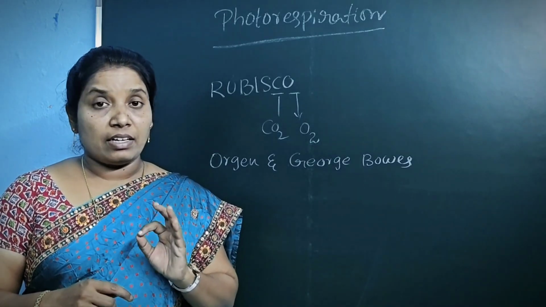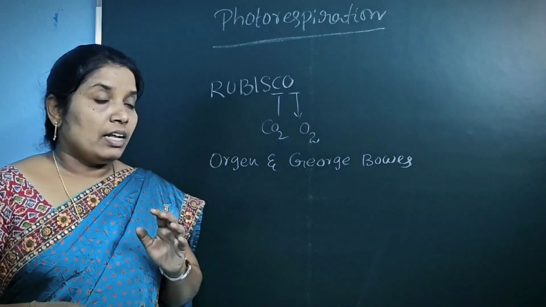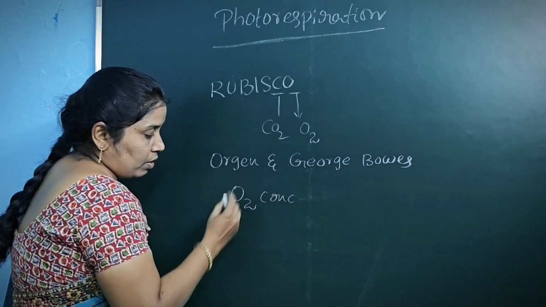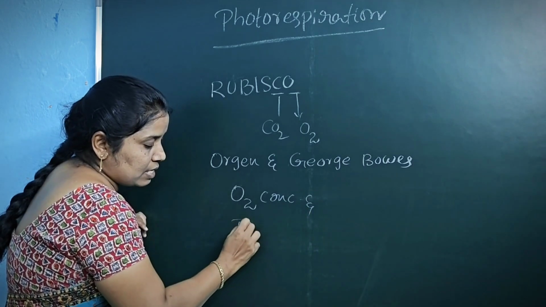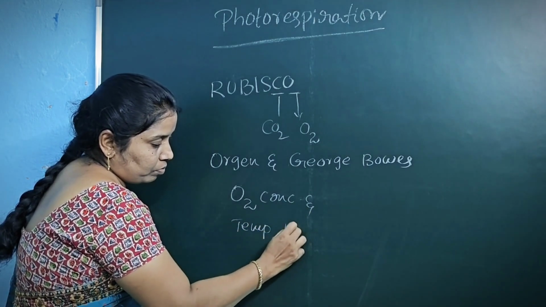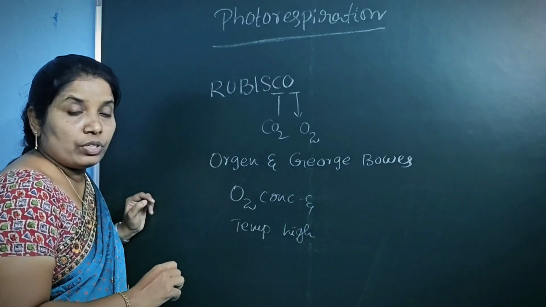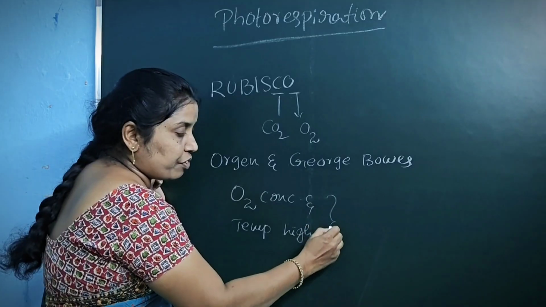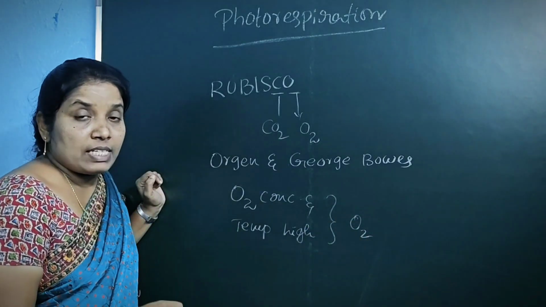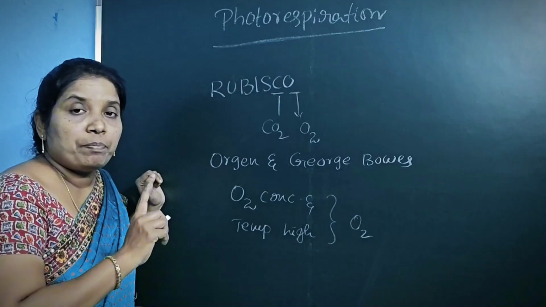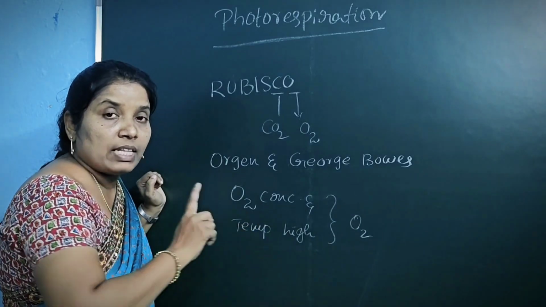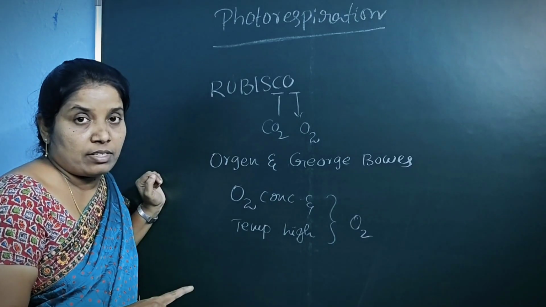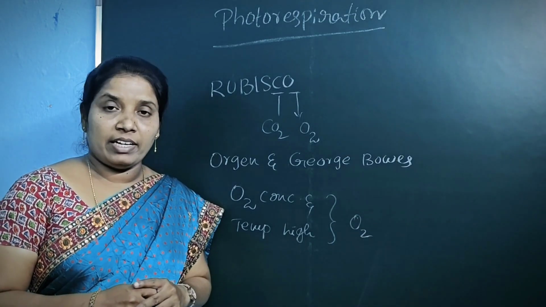But if the conditions are different, like if the oxygen concentration in the environment is high and the temperatures are high, during high oxygen concentration and high temperatures, it prefers to fix the oxygen. So instead of taking carbon dioxide, it prefers to fix the oxygen. So that is the dual nature. Due to this, photorespiration occurs.